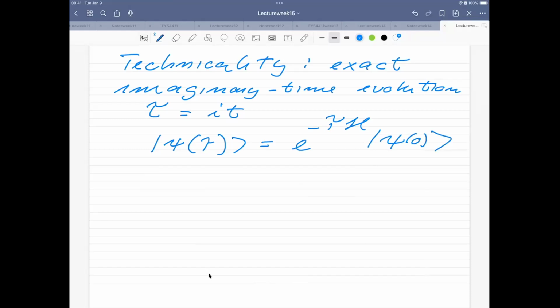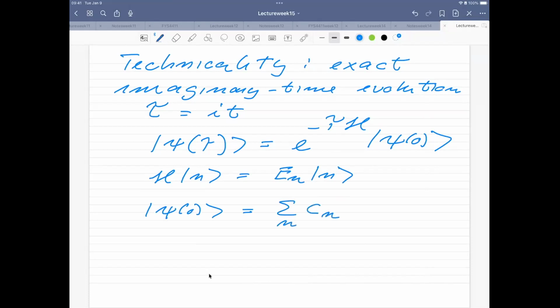So I can expand if I now have the exact energies. So suppose now that these are available, I can expand the initial state in that set of states. So this is given by a sum of all these coefficients. And if I have a finite basis, this is a finite sum.